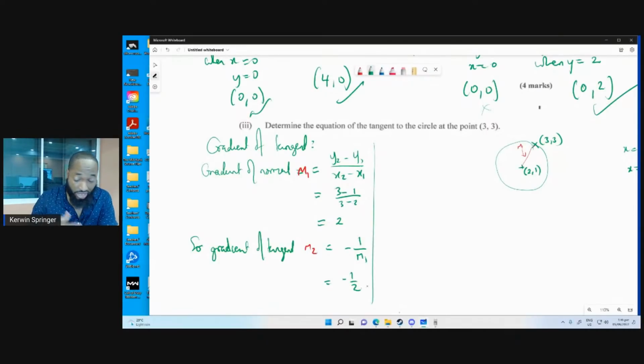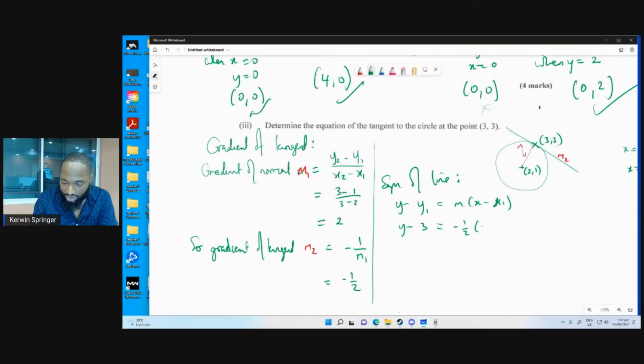And now we have the gradient and we have a point, so we can solve. This is M2, by the way. So the equation of the line is y minus y1 equals m times x minus x1. Substitute the point on the line and the gradient, or you could use y equals mx plus c and find c, whatever floats your boat.